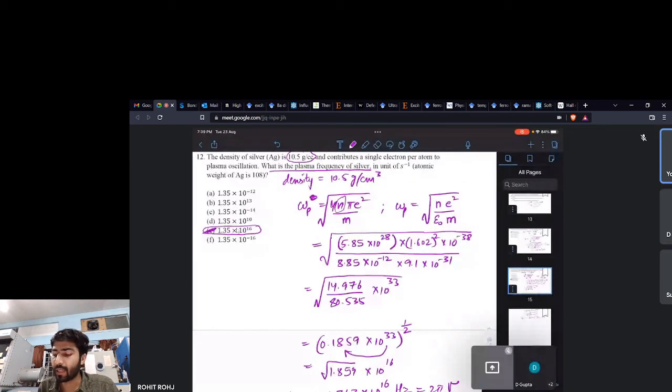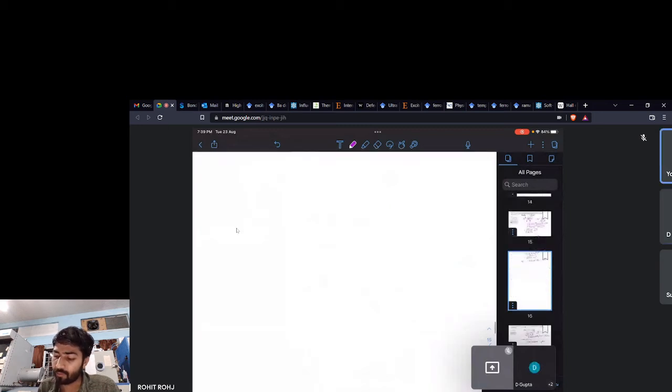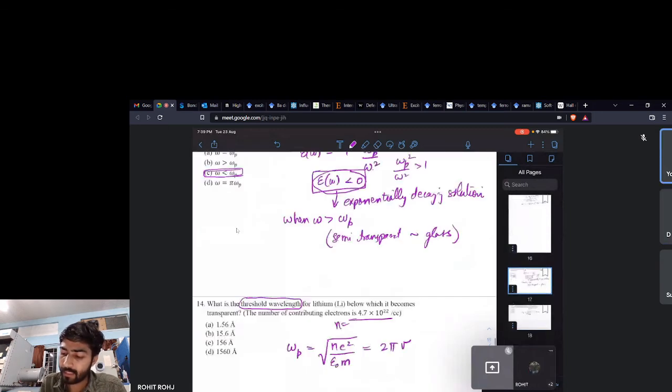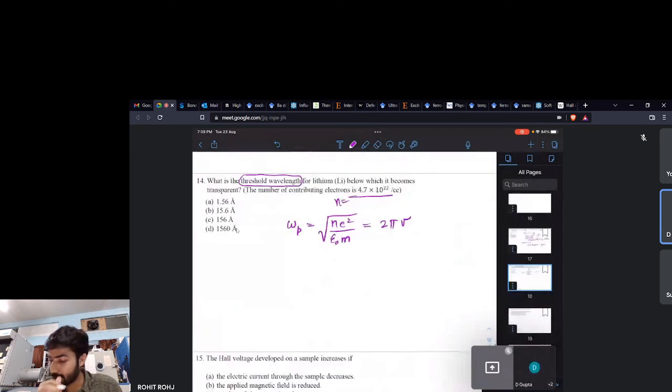The reference of plasma frequency goes clearly with omega p, and if one is to find the threshold wavelength, then this wavelength cannot be found until you bring in this factor of 2 pi. So there is a little bit of ambiguity here. Okay, fine.